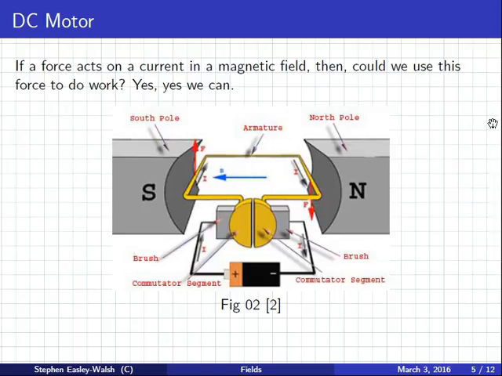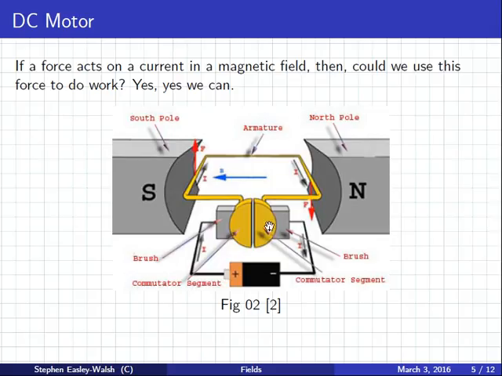The brush is just touching the wheel and they're in contact but they're not stuck together. And notice we have a very important little gap here. If there was no gap here, if this was connected, then the current would just simply go straight through. We must have a gap here to force the current to go all the way around and back out.